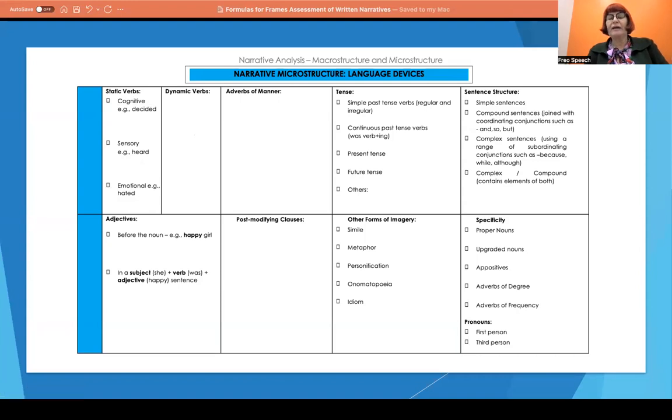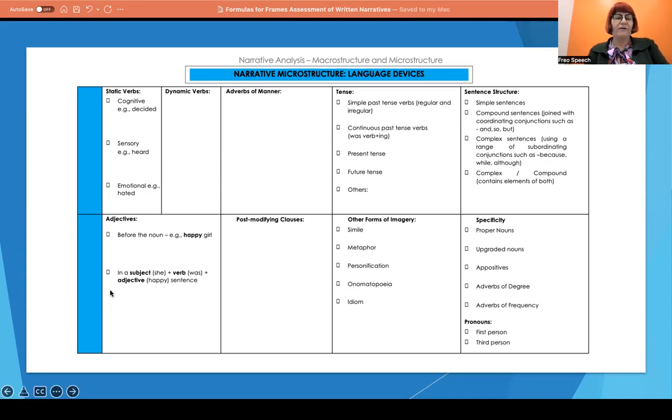So quickly, slowly, those sort of ly words. And here's just an idea to look at tense. So what sort of tense structure the student's using. And sentence structure. So simple, compound, complex, or complex compound sentences.